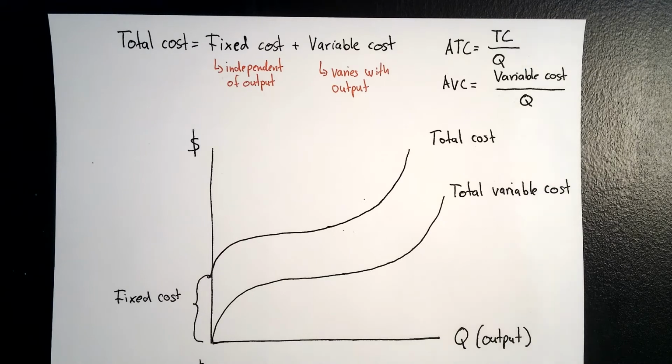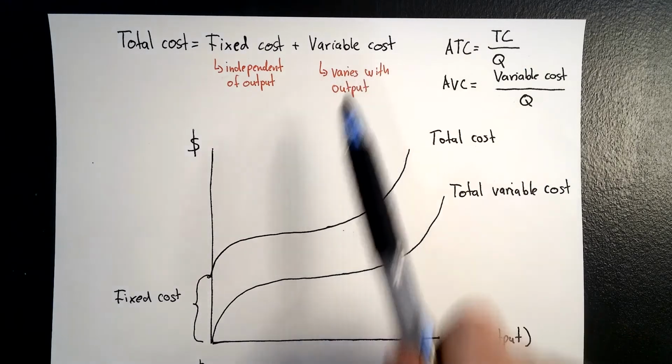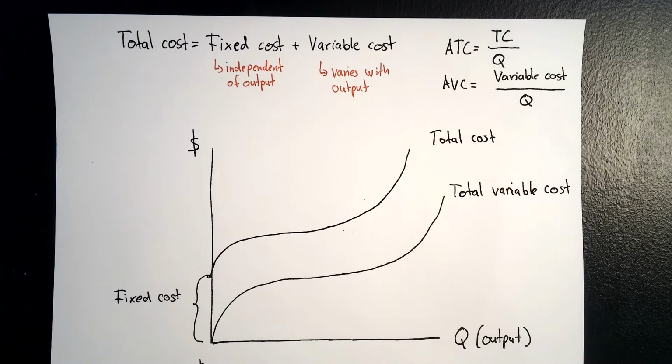Even if your output is 0, you have to pay the fixed cost. And then we also have variable costs that vary with output. So if you are increasing your output, your variable costs are going to increase. Now, the total cost is the sum of the fixed cost and the variable cost.